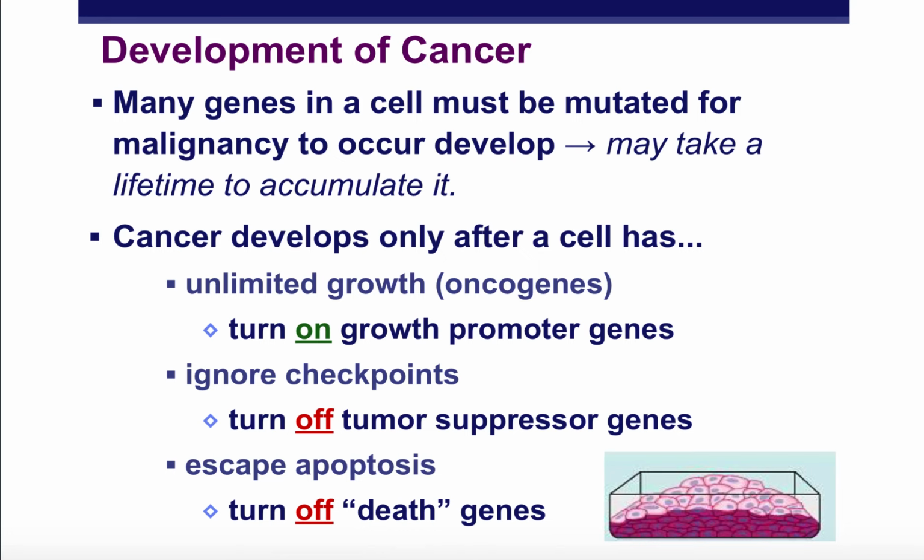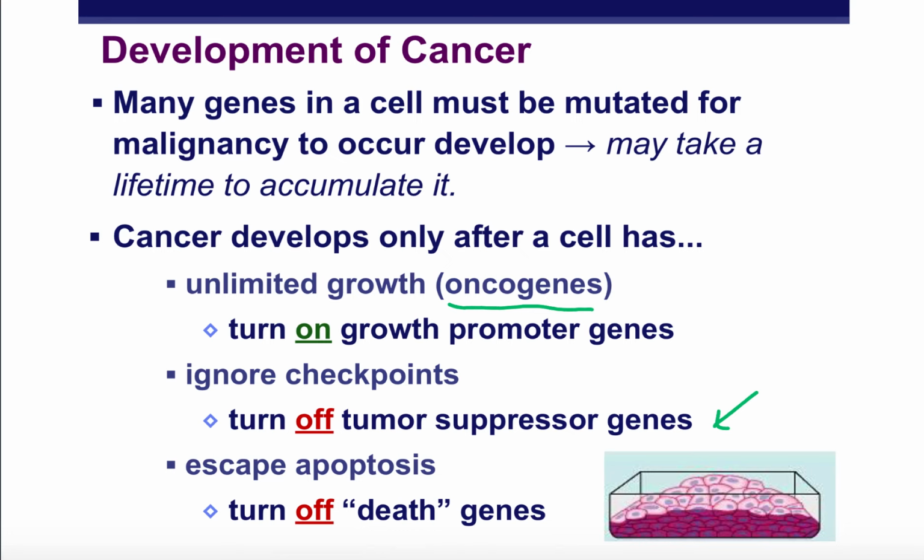But just to summarize, the development of cancer involves the messing up of checkpoints and the accumulation of mutations in those checkpoint genes, right? To get cancer to develop, you have to have all of the following occur. You need your checkpoints to stop working so that you turn off your tumor suppressor genes. Your checkpoints also need to be stuck in the on position, meaning your proto-oncogenes need to be mutated into oncogenes that always force division.